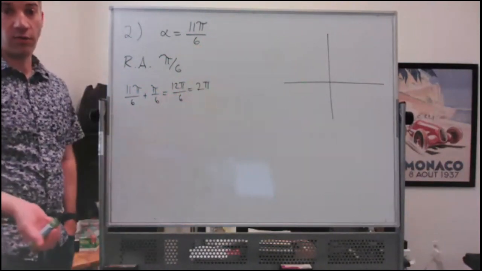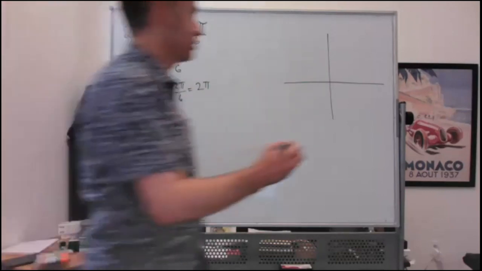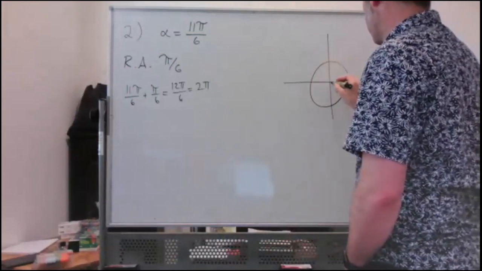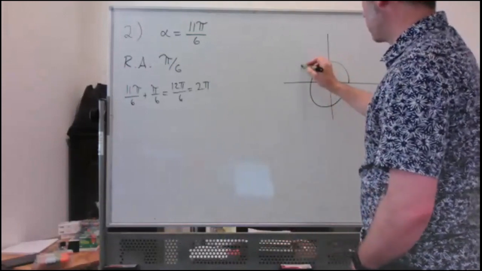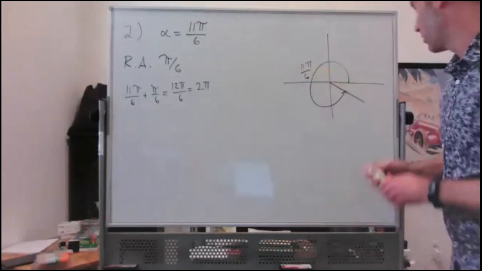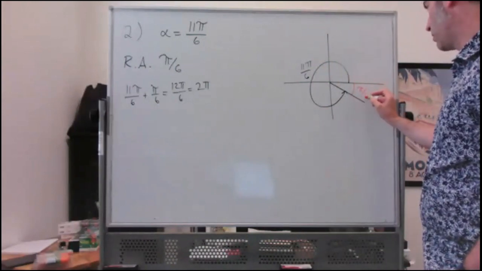So we know we're over in the 4th quadrant because we're really, really close to 2 pi. So that angle is 11 pi over 6. And just for the sake of writing it down, here's the reference angle, which is pi over 6.